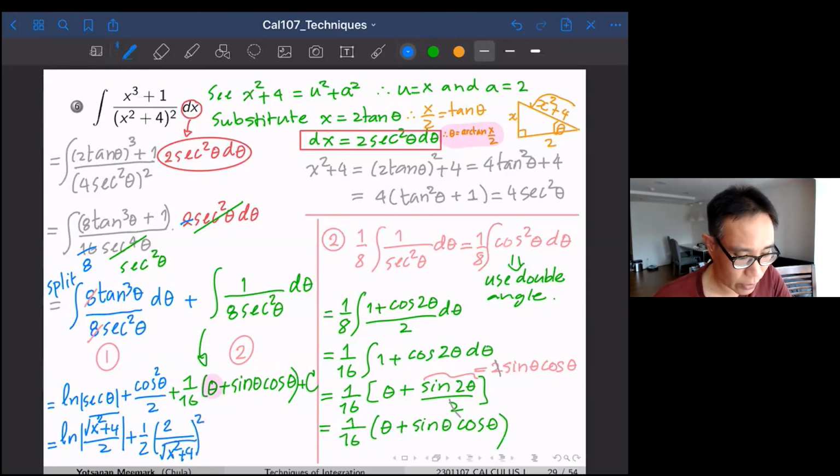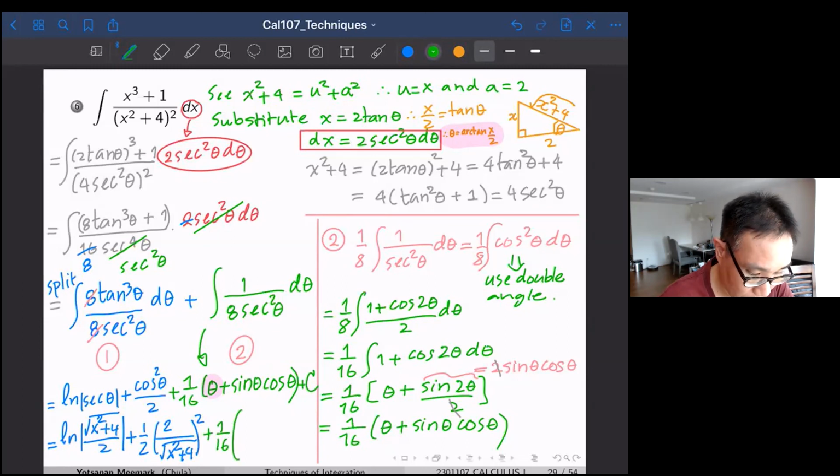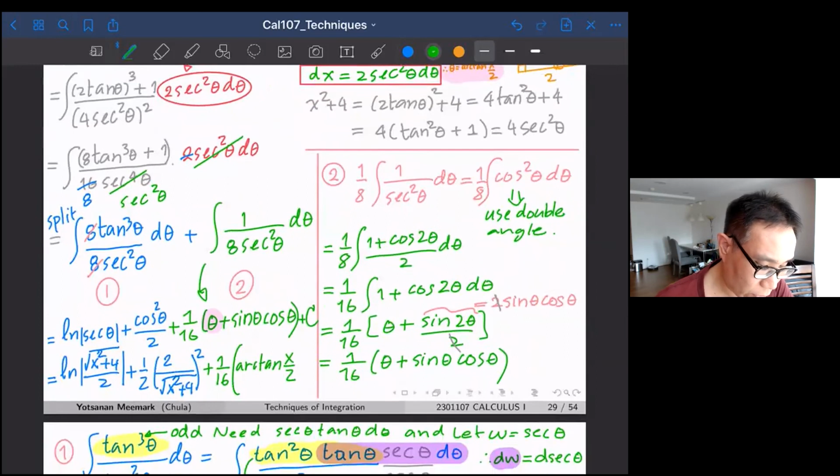So this is the second term. The third term is 1/16 times theta, which equals arctan x over 2. This is the pink term.